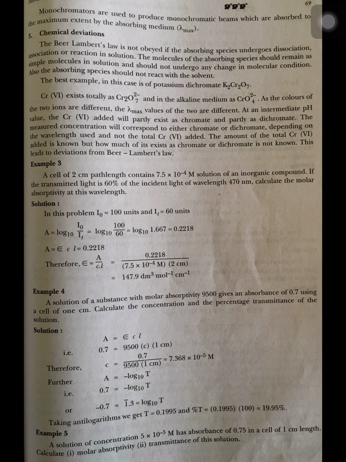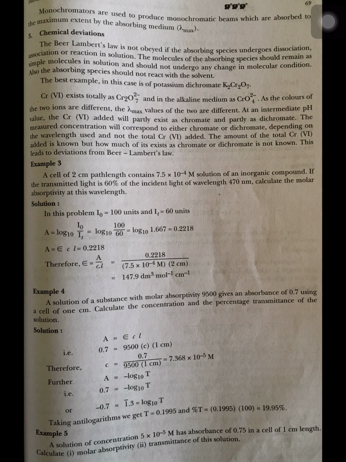The best example in this case is potassium dichromate, K2Cr2O7. Here, chromium VI, the Roman six, indicates that chromium is in the plus 6 oxidation state. Chromium VI exists in K2Cr2O7, and in alkaline medium it is K2CrO4, as the colors of the two ions are different.